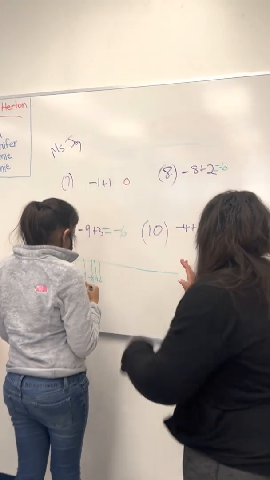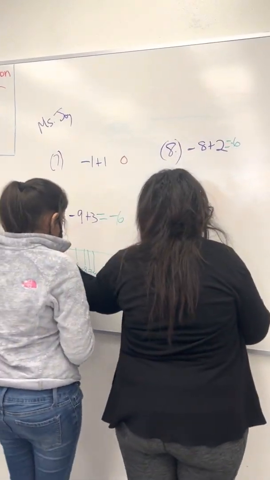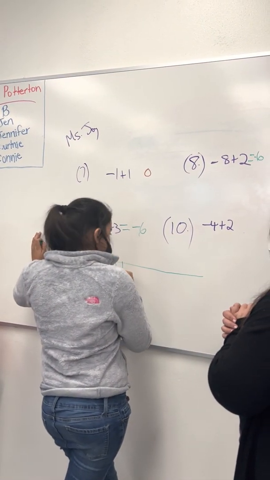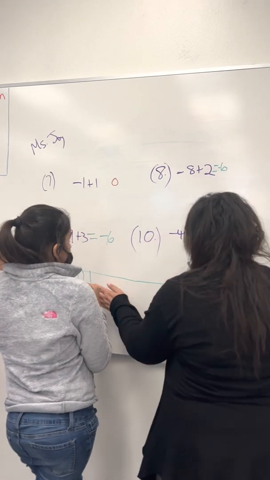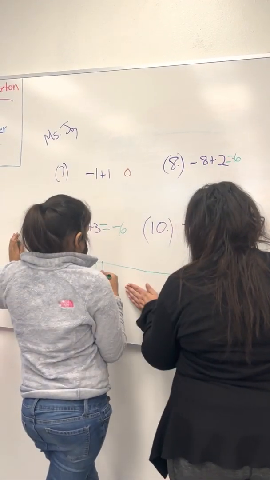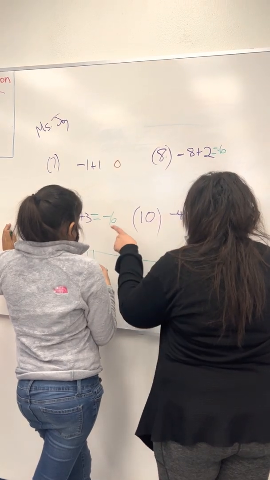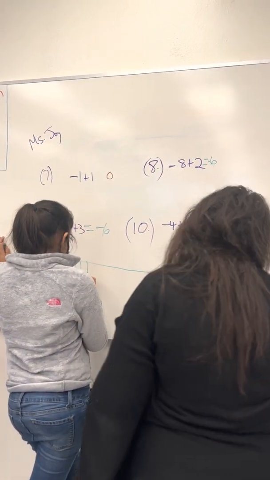So is it gonna be on this side of the number line or this side? Giselle, is that the question? Which side are you gonna do, this side or this side? Why? Because you want what? Okay. Good.